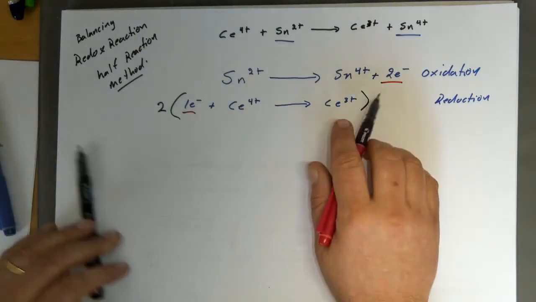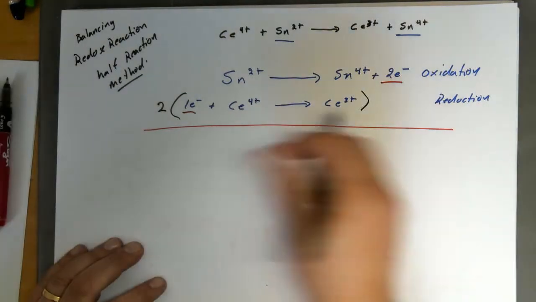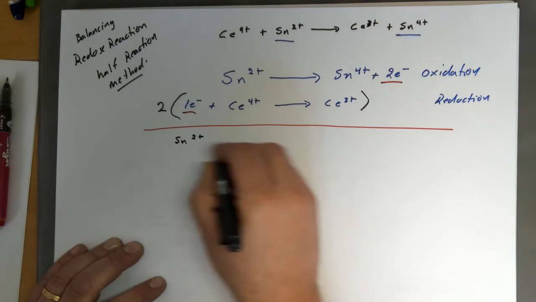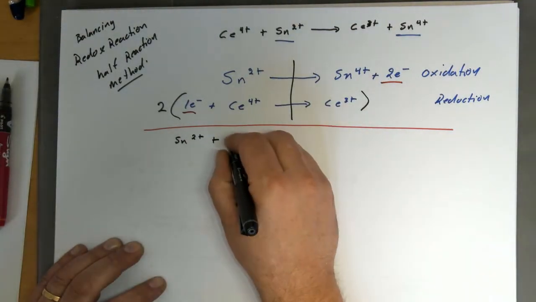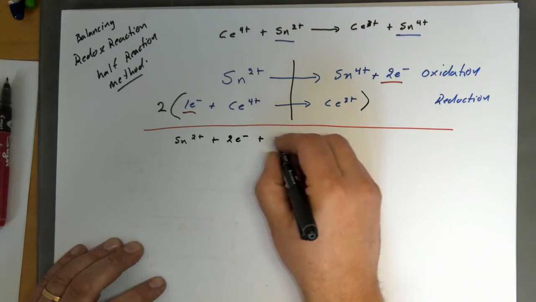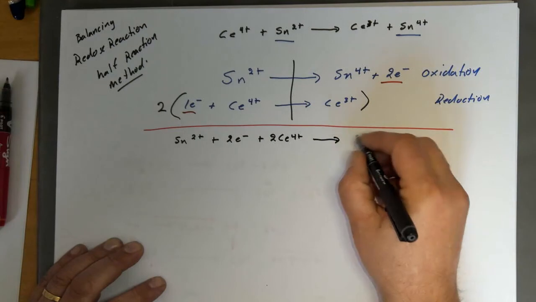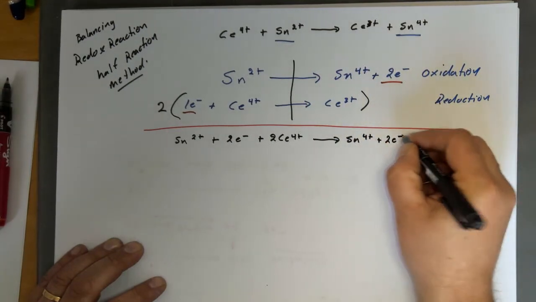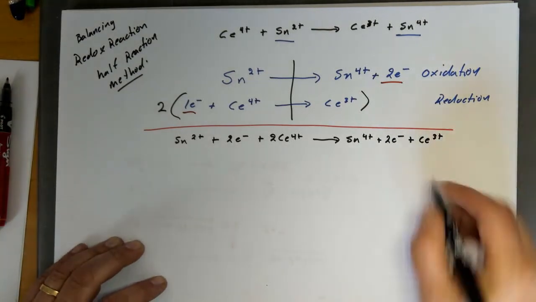And we'll do this by multiplying through, and we'll do it right away. So we can see then that this is going to be Sn2 plus, if we divide it down the middle, makes Sn4 plus plus 2 electrons, and 2 Ce4 plus plus 2 electrons makes 2 Ce3 plus.